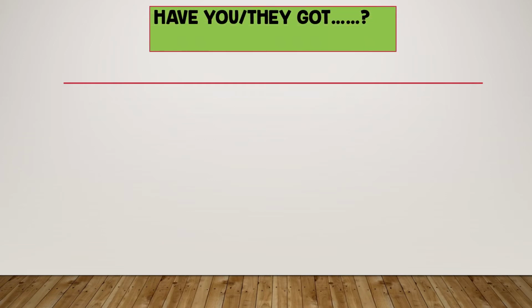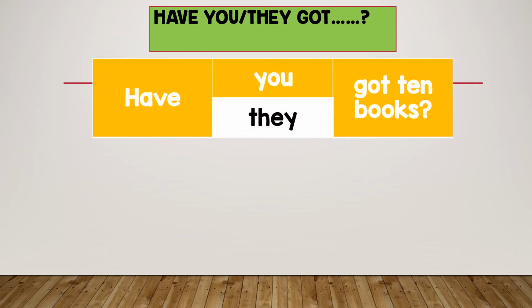Next, we are going to learn have you got or have they got. So, as we have learned before, you and they are considered plural subjects, so we must use have.